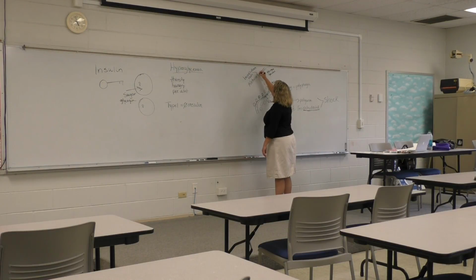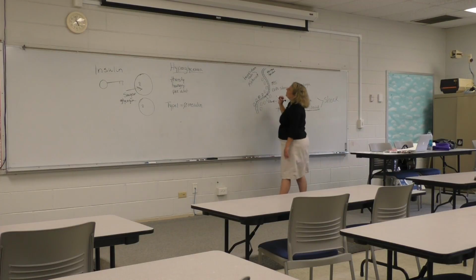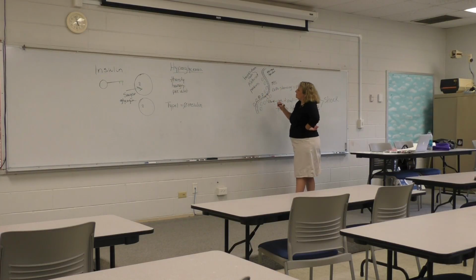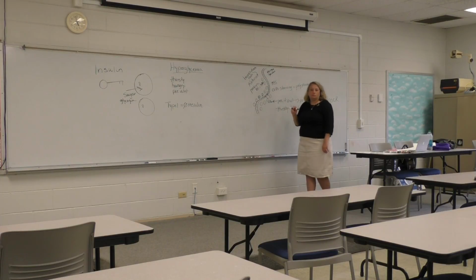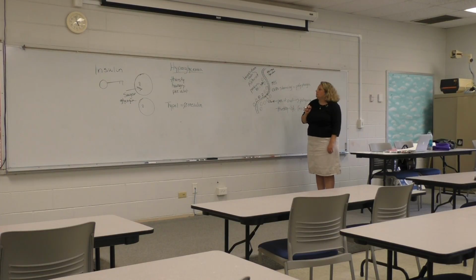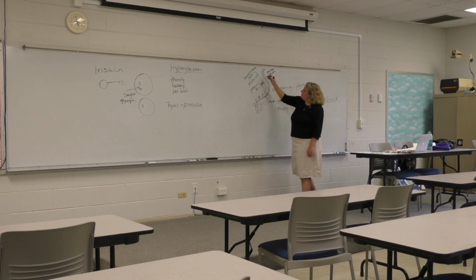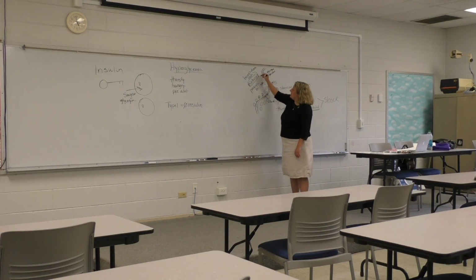And the byproduct of that is ketones. So they break down fats. And then they also start breaking down proteins. So that also makes them skinny. But all this breaking down gives them some blood sugar, which will increase their blood sugar even more. So they start breaking these down.